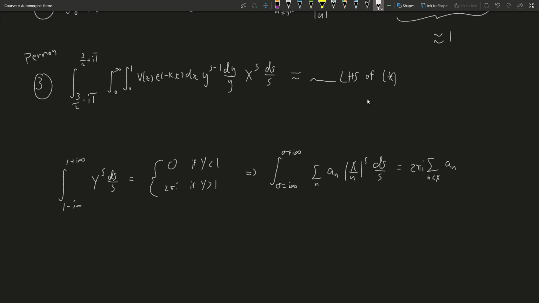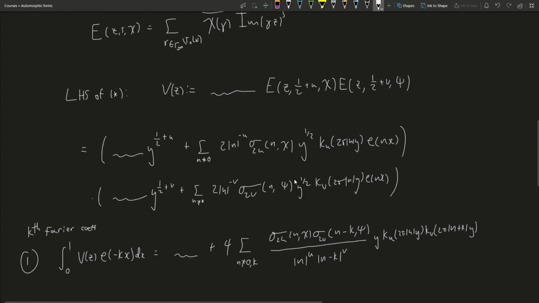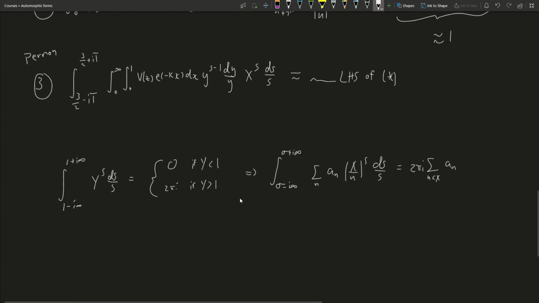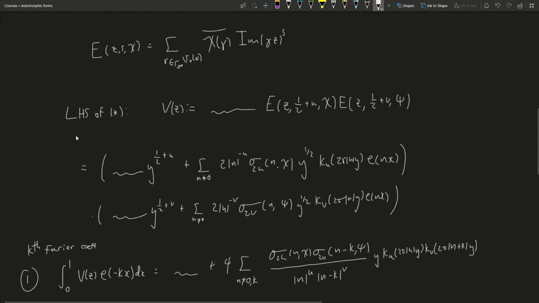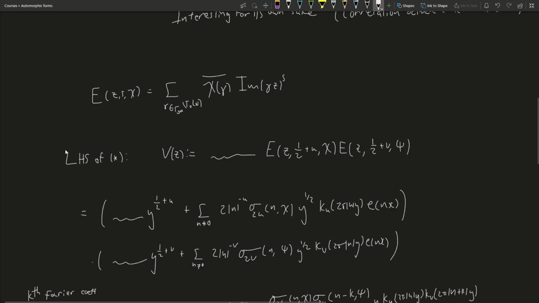And so that's why once we had this step 2, this Mellin transform, this Dirichlet series, after taking care of this hypergeometric function, we could use Perron's formula and get rid of this s dependence and truncate the sum just to n less than x, which is exactly what we have over here. Okay, so that is how to construct the left-hand side of our identity.